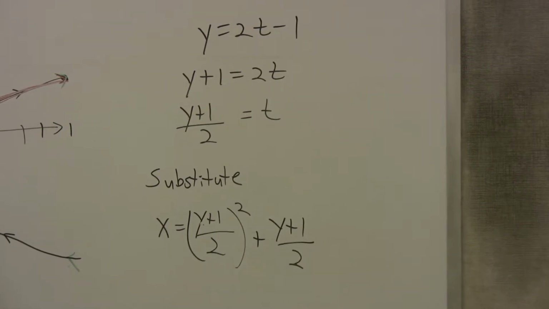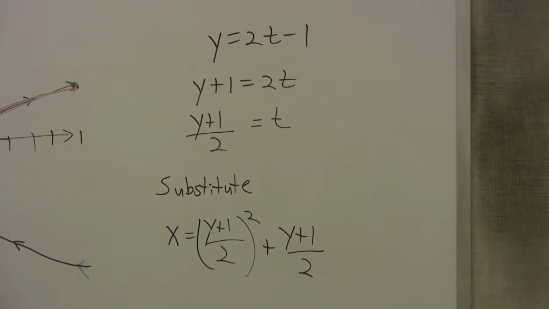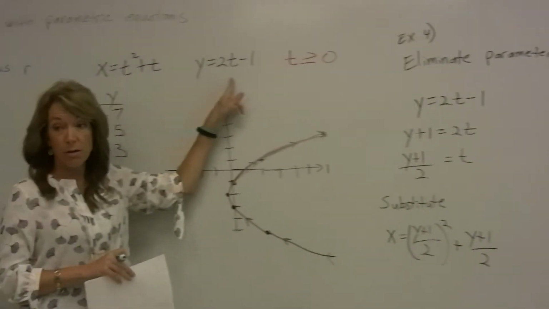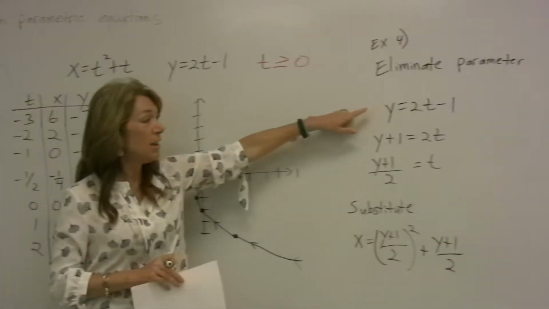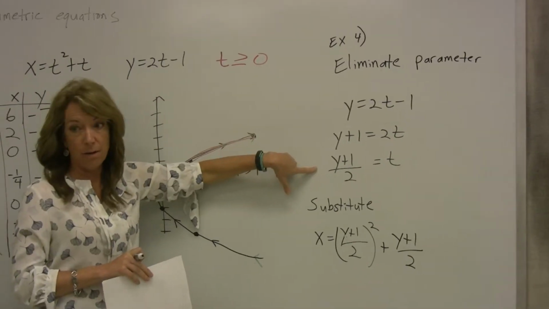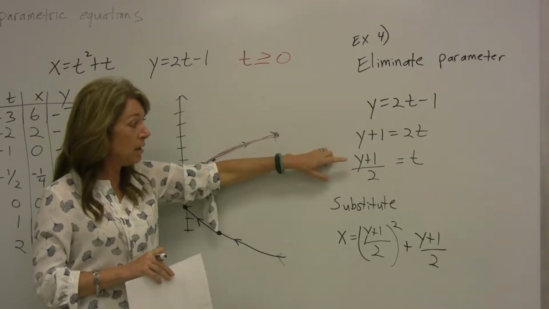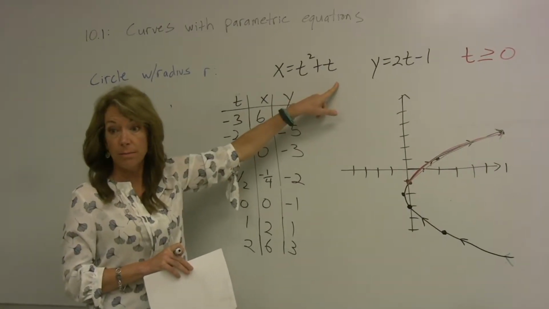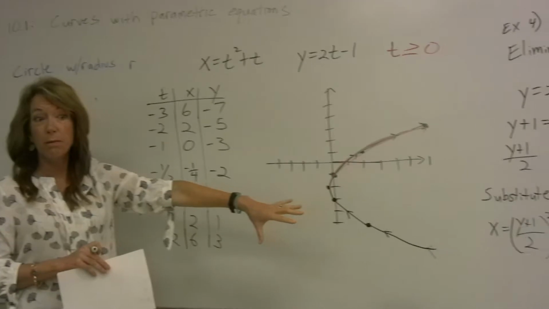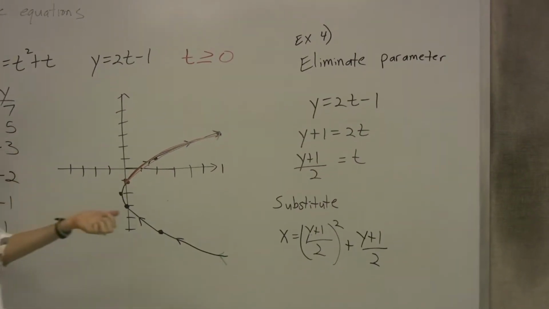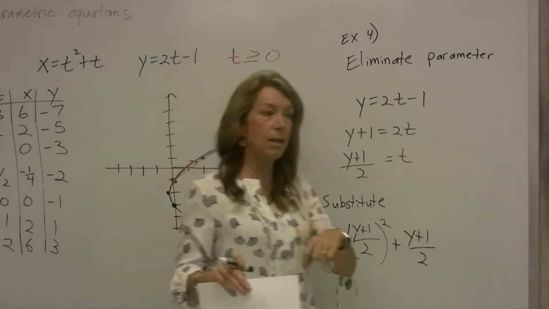Did this make sense? Okay. This is the original equation for y here. I just took this and got the t by itself, moved stuff around, isolated the t. Then I took that t and plugged it in here and here. Now I have a mess that I'm going to simplify. So you use one equation, solve for t, and then plug it into the other equation.